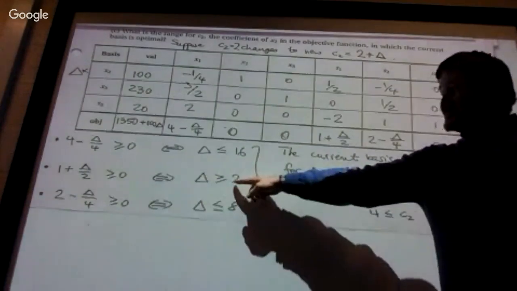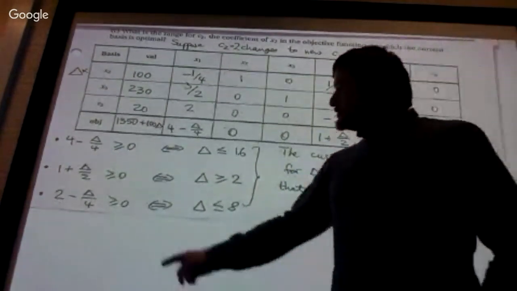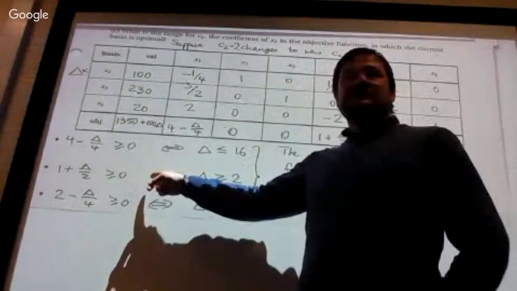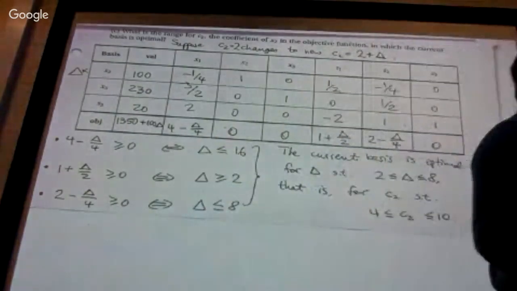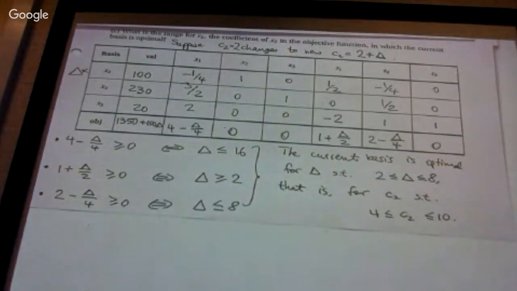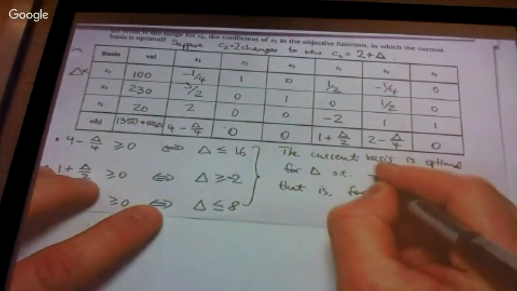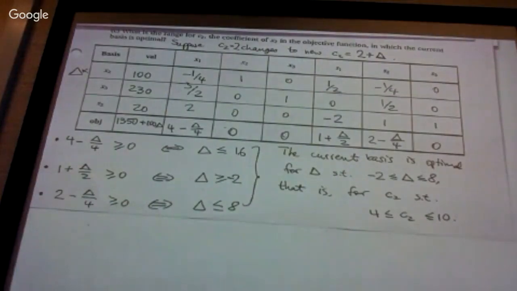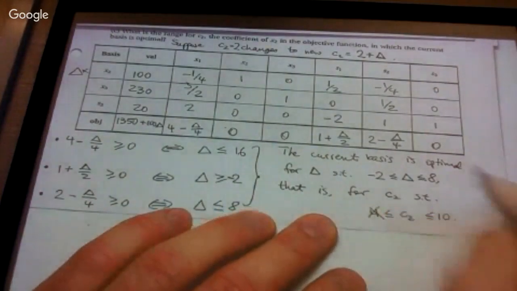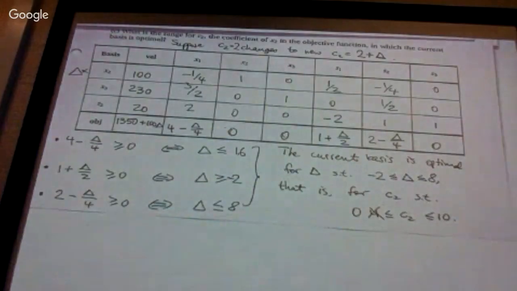This should be minus 2. Delta over 2 is greater than or equal to minus 1. Delta is greater than or equal to minus 2. That was wrong. So I want minus 2 here. And because of the minus 2, it's no longer 4, it's 0. Okay. Better.